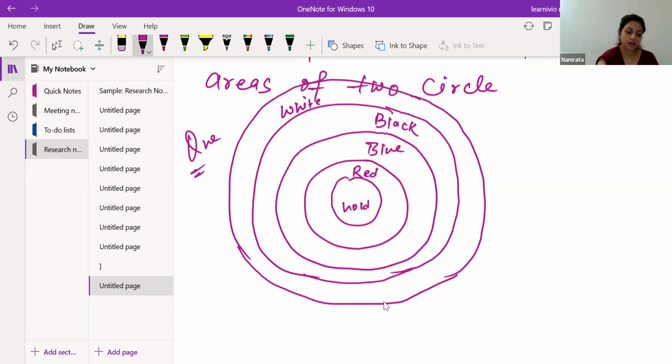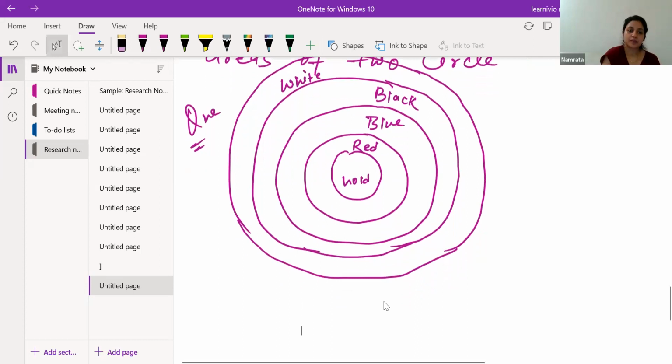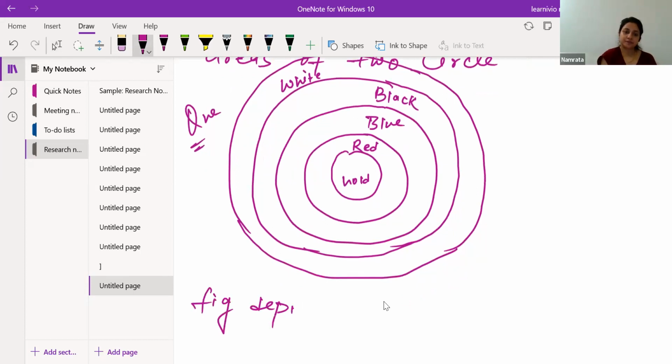The given figure depicts an archery target.